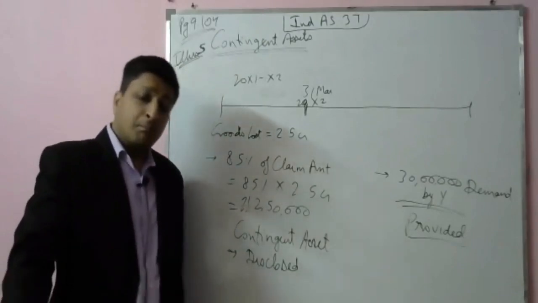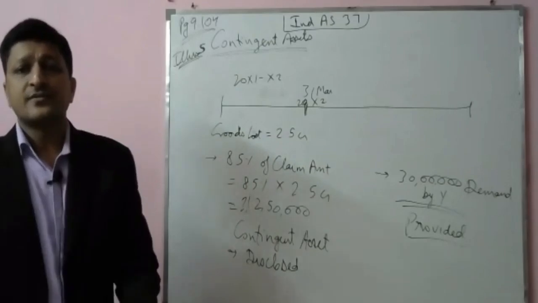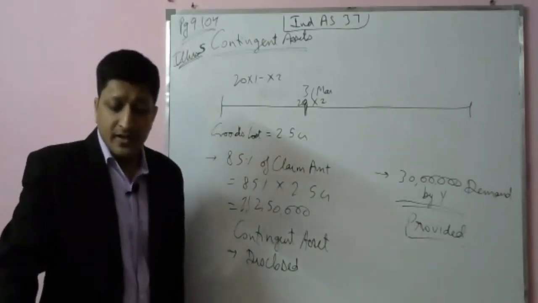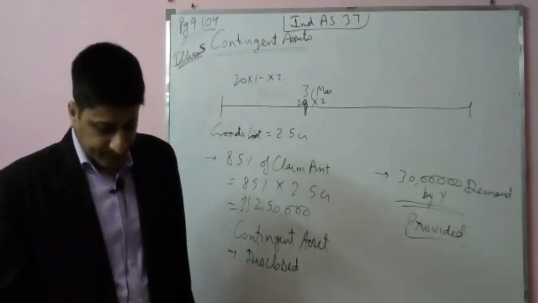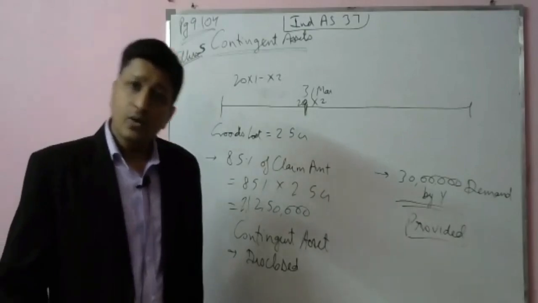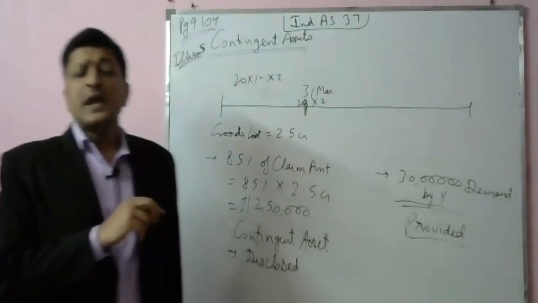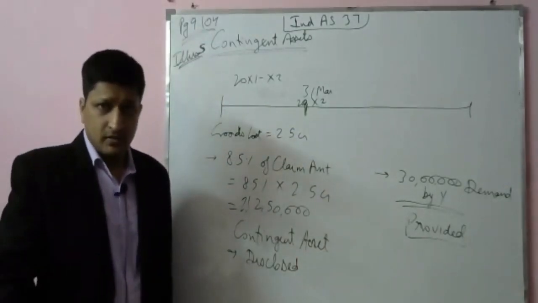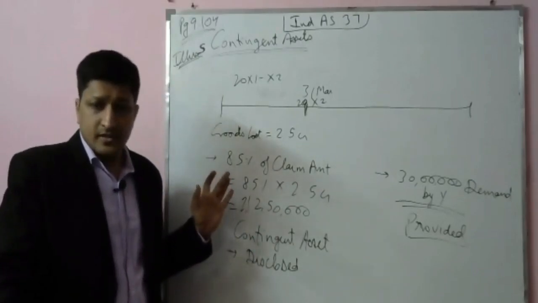Please remember the terms which are used, facts which are given in the question. The question says X Limited received informal information. Because this communication is informal and they know that they are going to receive it through that informal communication, that's why they are recognizing this contingent asset.